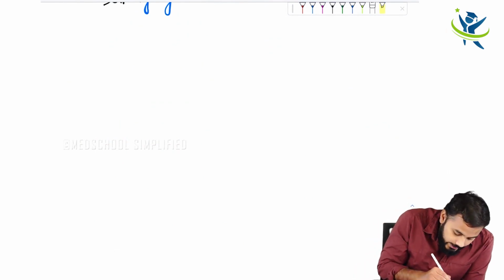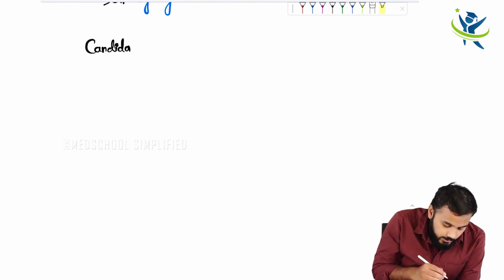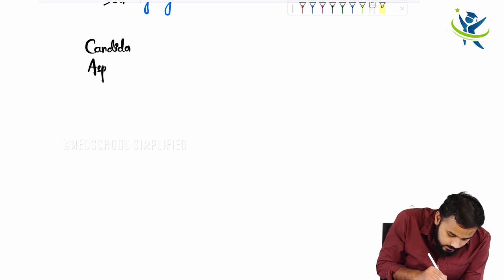Now, what organisms release catalase and what organisms do not release catalase? Organisms which release catalase are catalase positive, right? So Candida is catalase positive. Aspergillus, Nocardia.